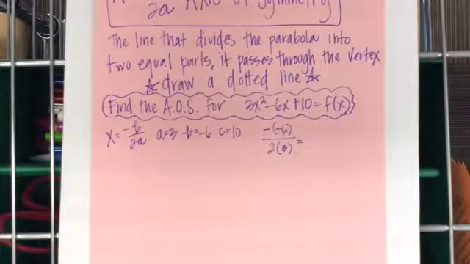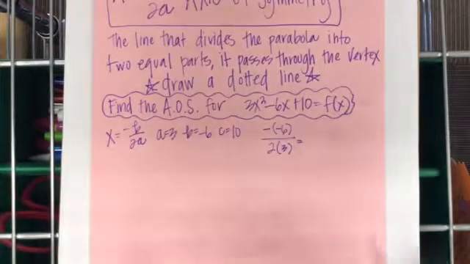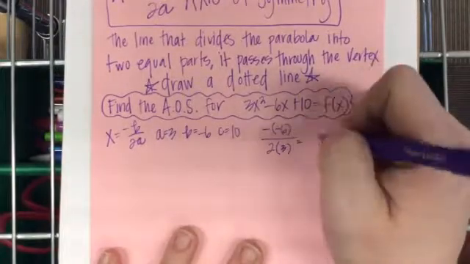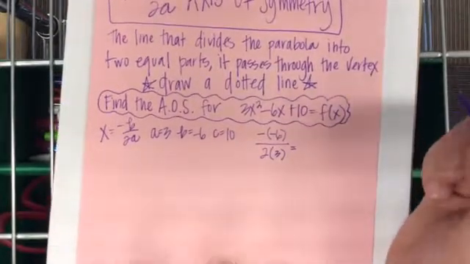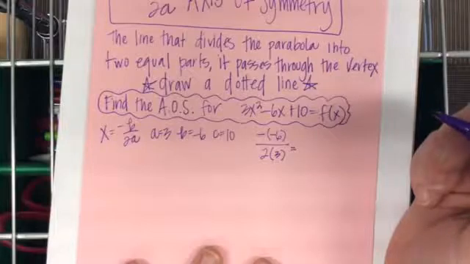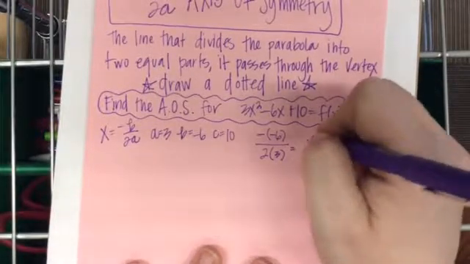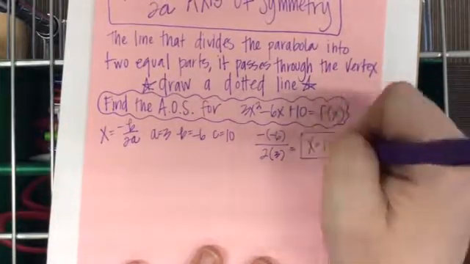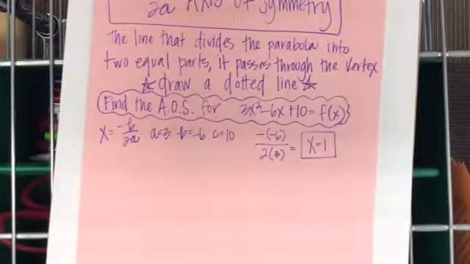So negative 6 over 2 times 3 simplifies to what? What's the axis of symmetry? Yeah, x equals 1. The axis of symmetry is 1. Good.